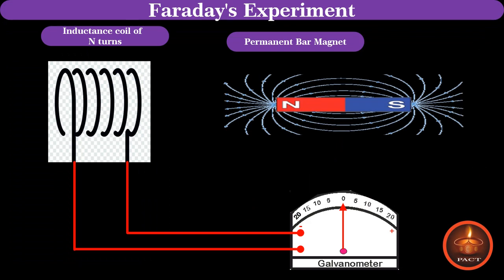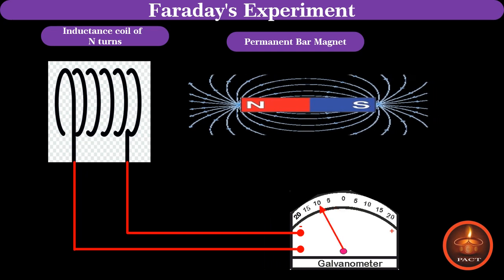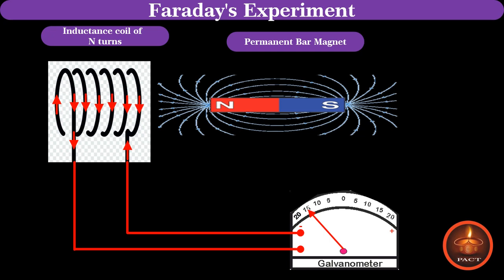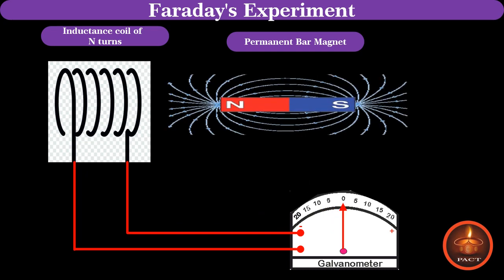Friends, Faraday, as a first step, moved the magnet and for a moment he was surprised. When the magnet was moved towards the coil, the current in the coil was present and the deflection of the galvanometer was on one side as seen. But it was interesting to note that when the magnet became stationary, the pointer came back to zero.